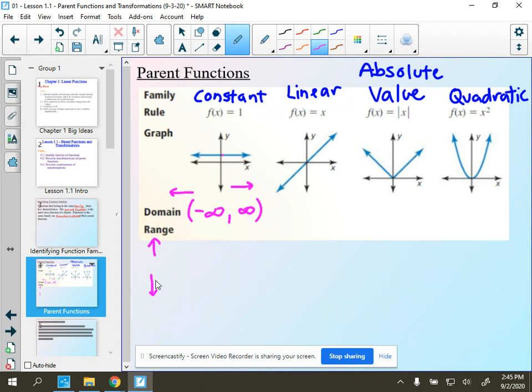This point could be 1, 1. This point could be 2, 1. This point could be 3, 1, negative 2, 1, negative 5, 1, and so on. But what's true about every one of those points? The output is always 1. So for us, notation-wise, we could say the range of this graph is 1. There is no, that is the lowest value, and it's also the highest value.